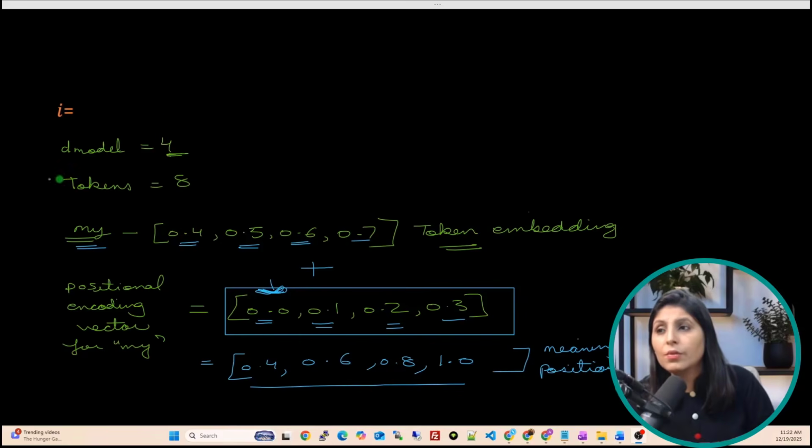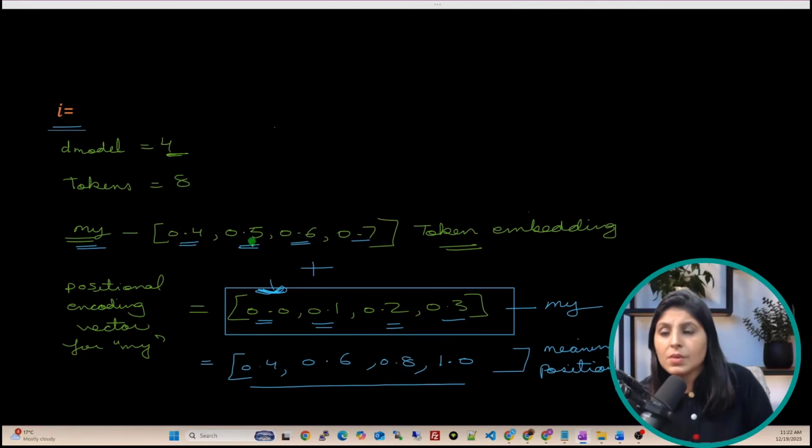And now guys, we were discussing this I, right? So now let's understand what this I is, because you have the idea of the things you need to know before understanding it. So I is the index. In positional encodings, this is the positional encoding vector for the "my" token. This vector tells the transformer the position of the "my" token.